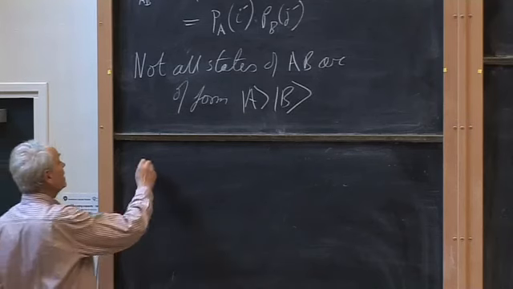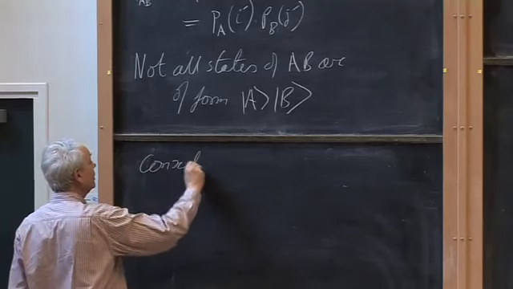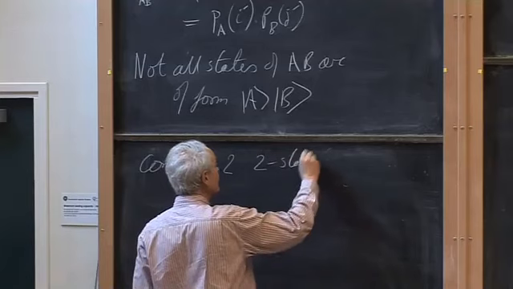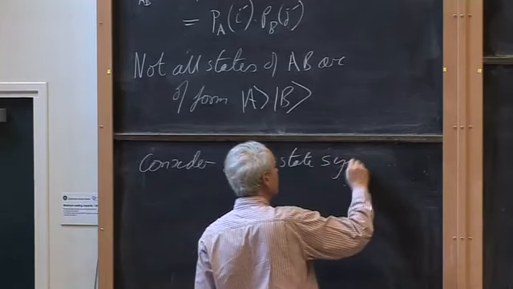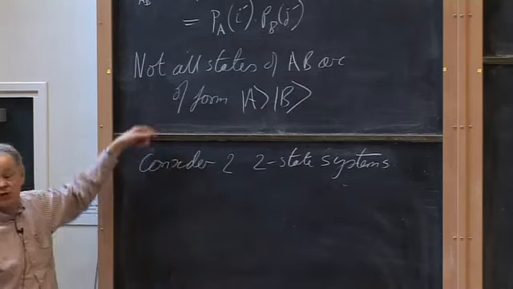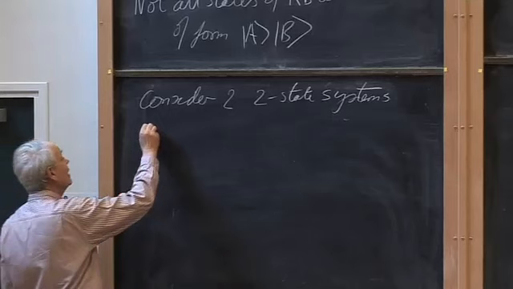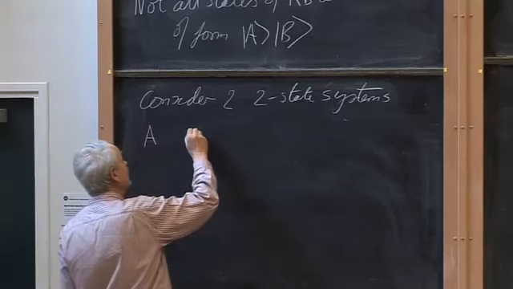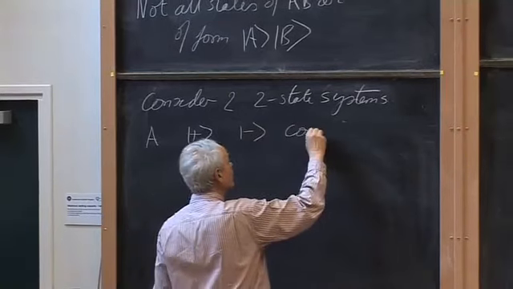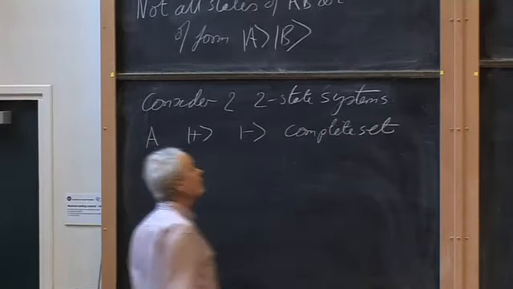Okay, so for example, consider two-state systems. We're going to do a concrete example to illustrate this general and very fundamental principle. We're going to have two-state systems. A is going to have states plus and minus. These are a complete set. So we're considering the simplest non-trivial example.